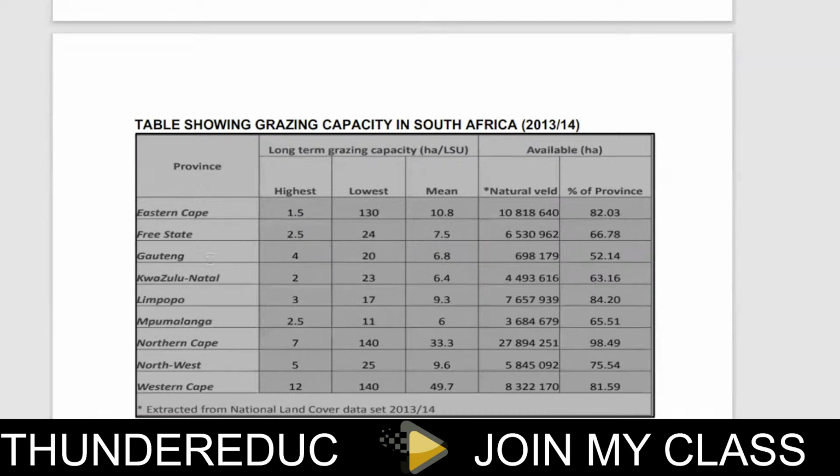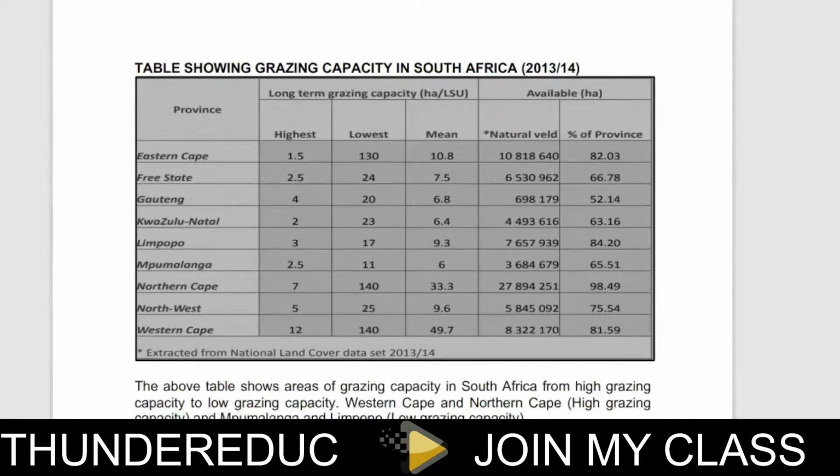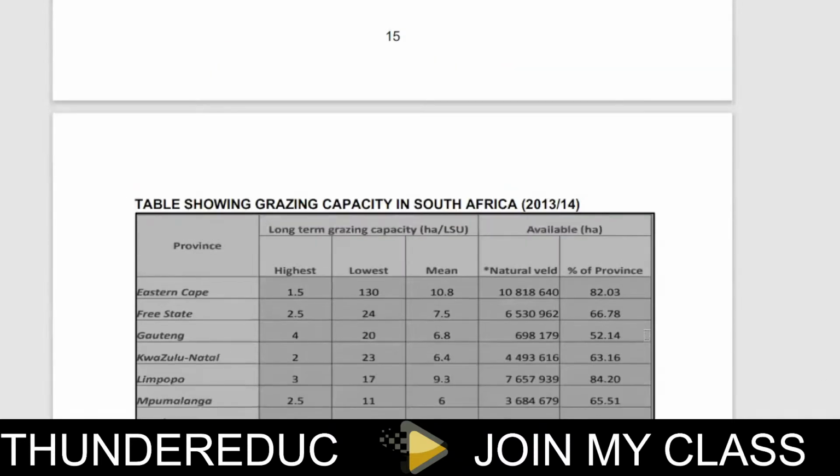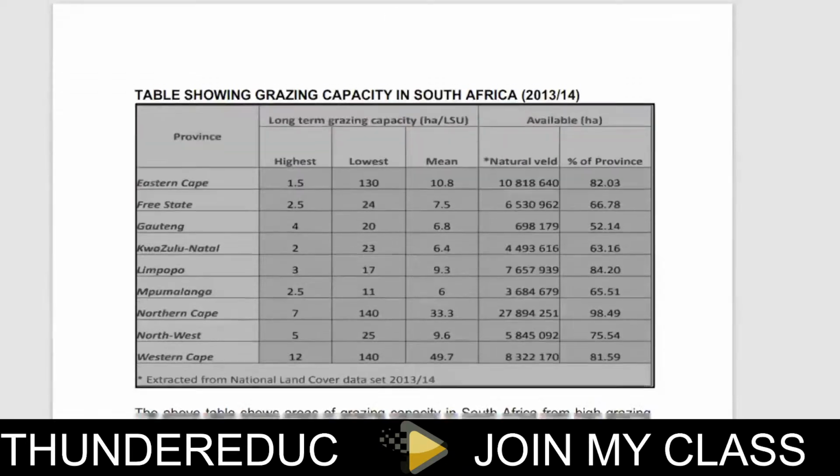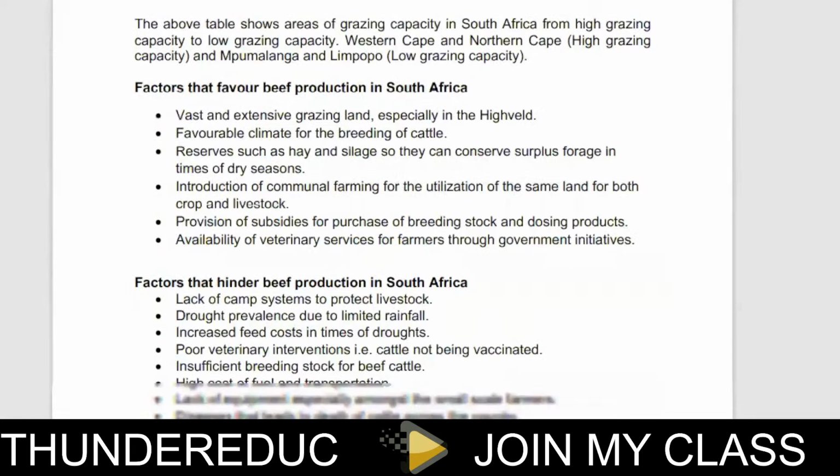We find out that in most of these provinces, some of them don't even have. Look at Western Cape. Okay, I want you to look at Gauteng. There's nothing. Do you understand? Less. So their contribution. This is just analysis of the table as based on the statistics of 2013 and 2014.